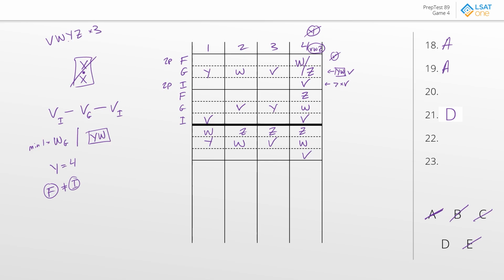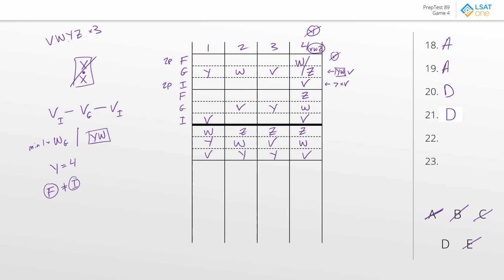And the 3rd V could go over here, and the other 2 Y's could go into these 2 positions, which is very much plausible. So there we go. We could do somebody going to France 3 times in a row, and that would be Z as an example in this scenario. So the best answer to question number 20 would be answer choice D.